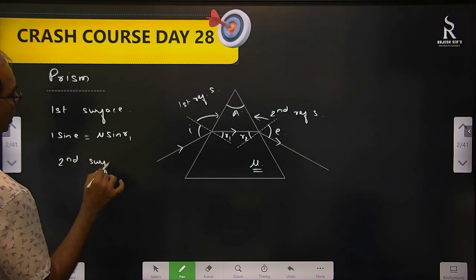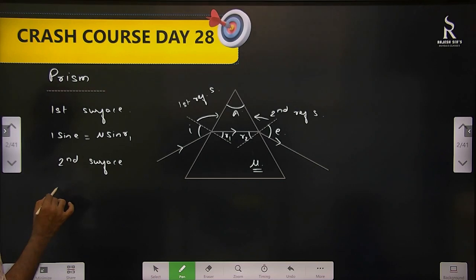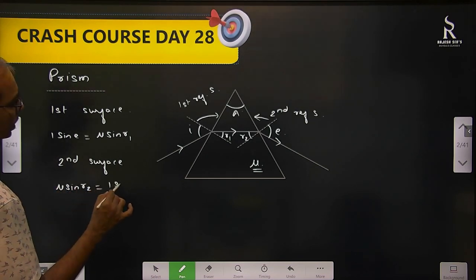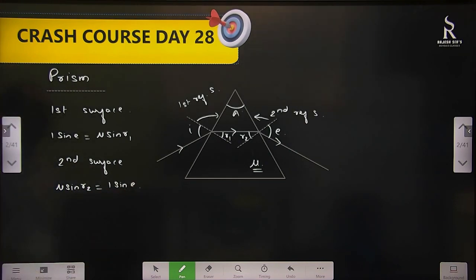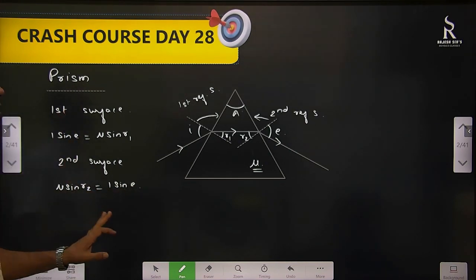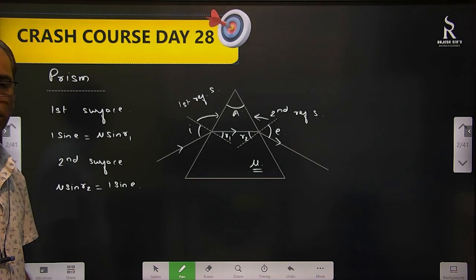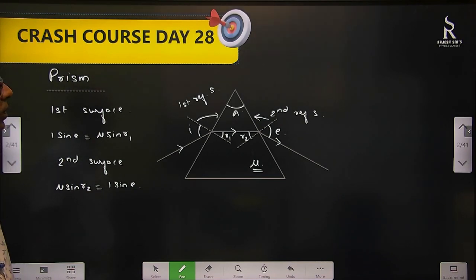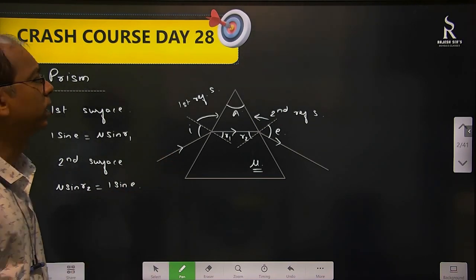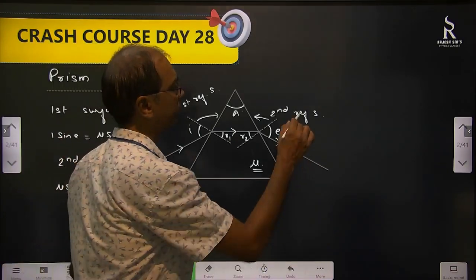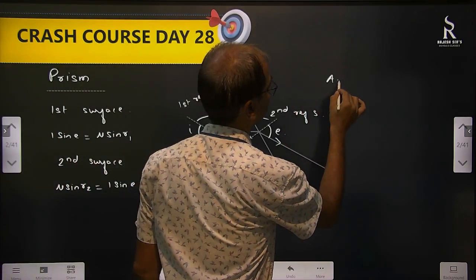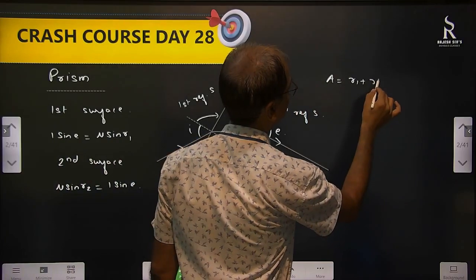When you apply on second surface, you are getting mu sin R2 equal to 1 sin E. Snell's law on the two surfaces. Okay, then what else we have? The conclusion of this one we get is angle of prism is actually equal to R1 plus R2.